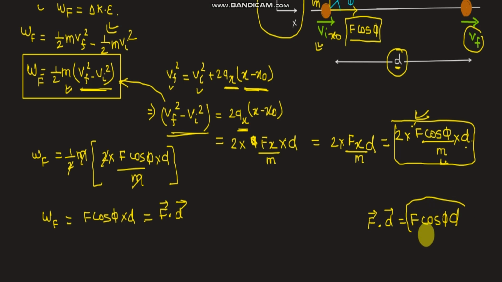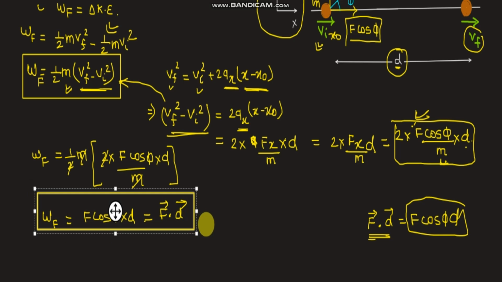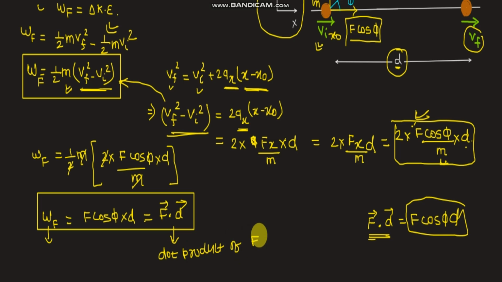So we are simply replacing F cos phi into d with F dot d. Finally, we have got the expression for work done by this force. This says work done by the force F is nothing but the dot product of the F vector and the d displacement vector.